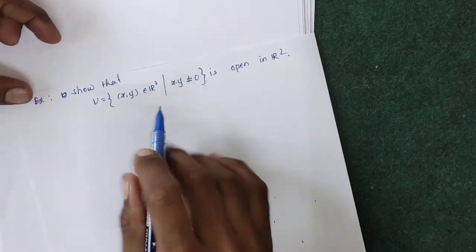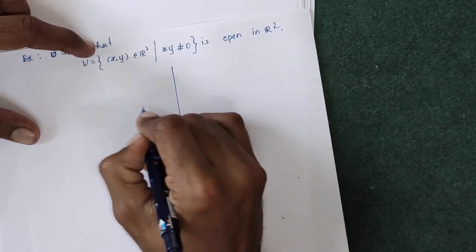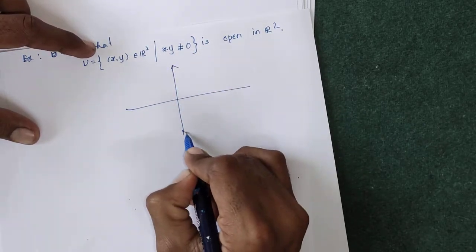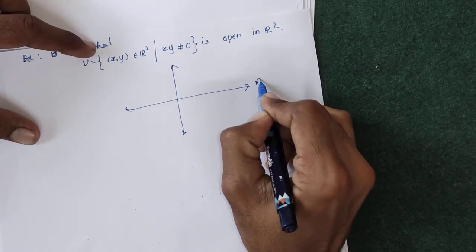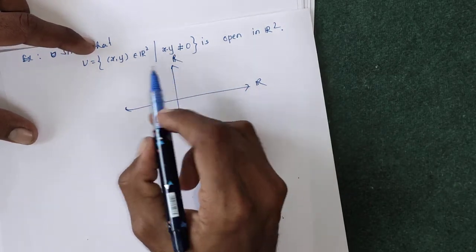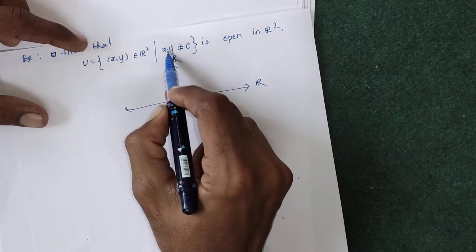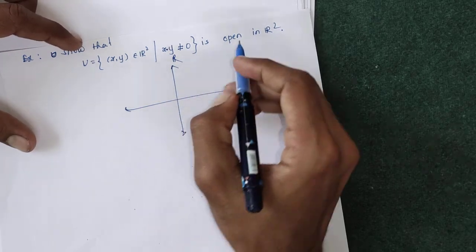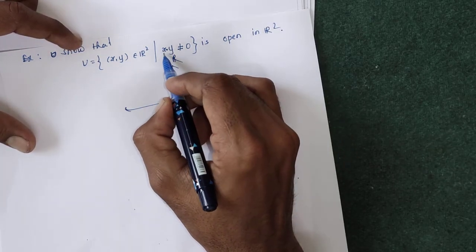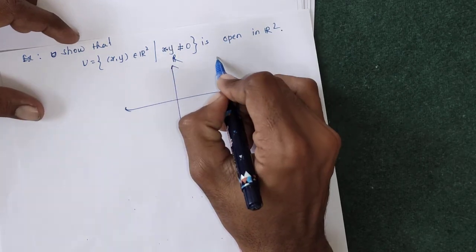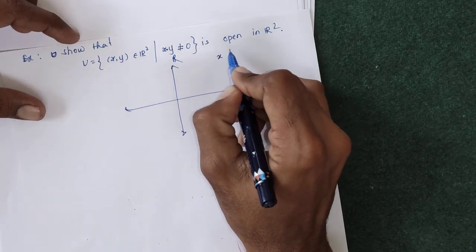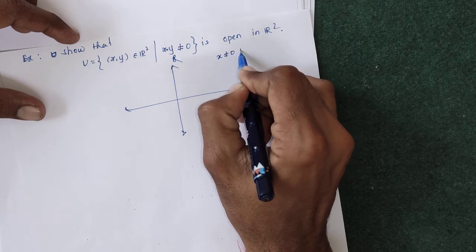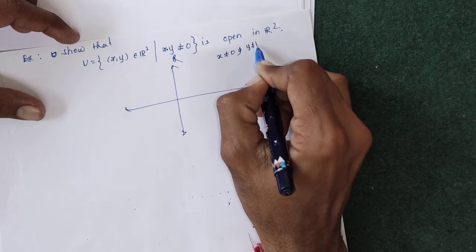There is no need to write the solution, just look here. This is R square, this is R, this is R. So an ordered pair (x, y) belongs to R square such that x times y is non-zero. So there must be x non-zero and y non-zero simultaneously. So x times y non-zero means x not equal to 0 and y not equal to 0.